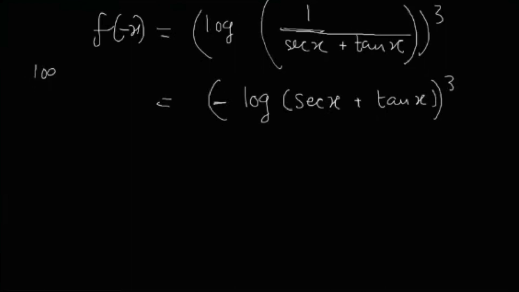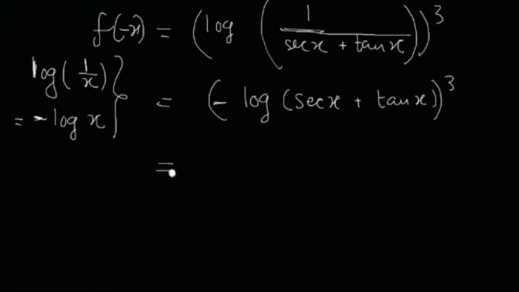Because the thing is, I don't know how much you all know, so I'm just stating every simple thing. Log of 1 by x is minus of log of x. So this is minus log sec of x plus tan of x whole cube.